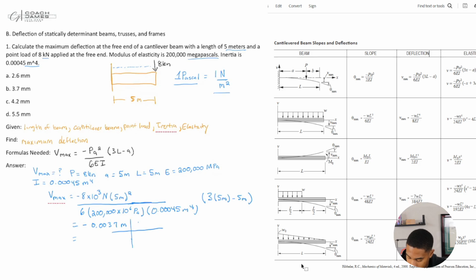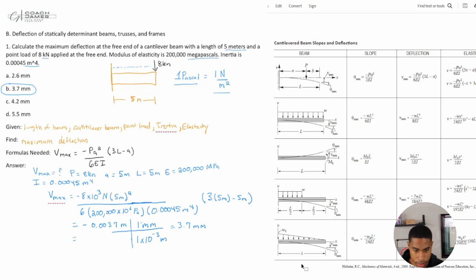So 1 millimeter is equal to 1 times 10 to the negative 3 meters. And so when we do that, we should get 3.7 millimeters. So that's our units. All right, so I get B for that.